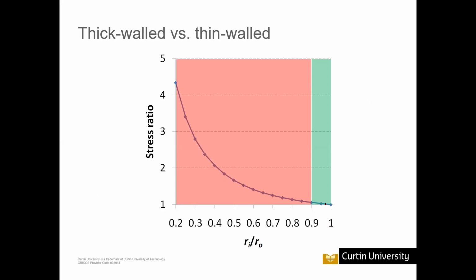But we should know where the boundary line of the thick wall and thin wall is. You can see here, until 0.9, that is the ratio between Ri and R naught, if it is 0.9, it is very close to the stress ratio of 1.